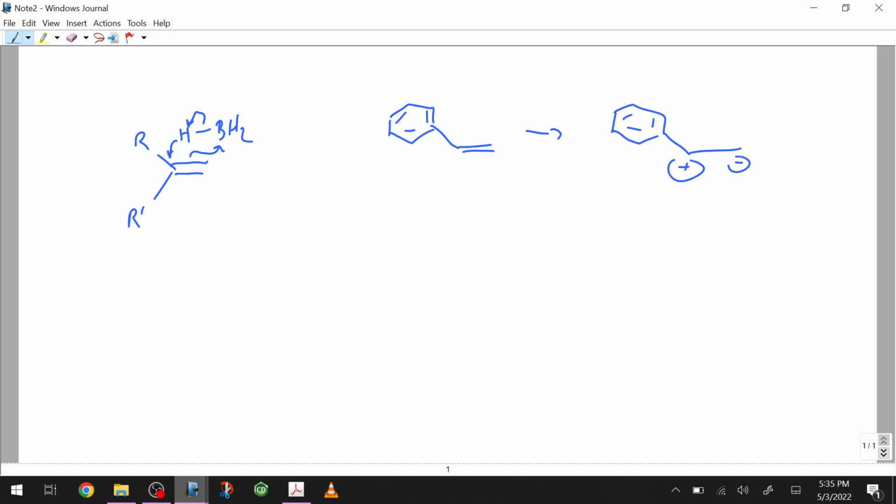So the cation would be stabilized more on this position than this one. So one of these R groups is an aromatic ring. So that's going to basically give it the same type of stabilization here. So we've got a very good reason why a negatively charged hydrogen would be attracted to the carbon on the left in the alkene. So mechanistically, we end up here.